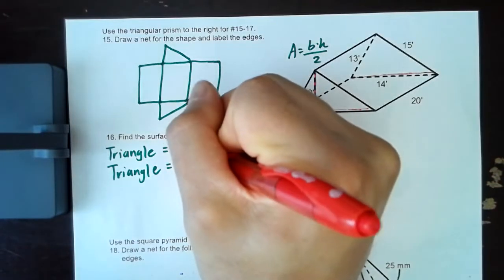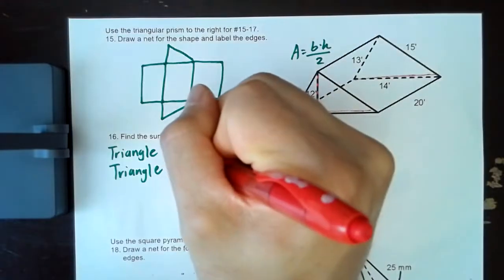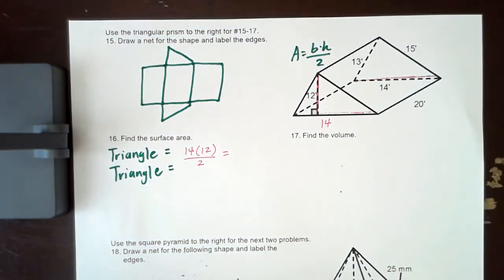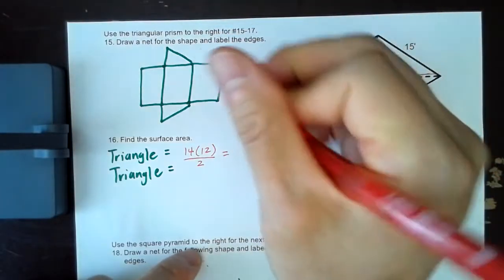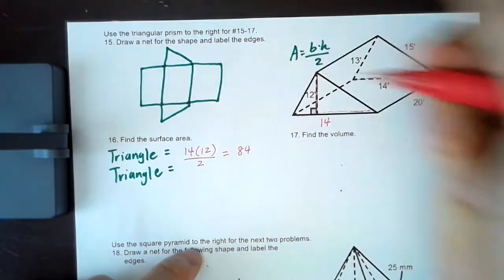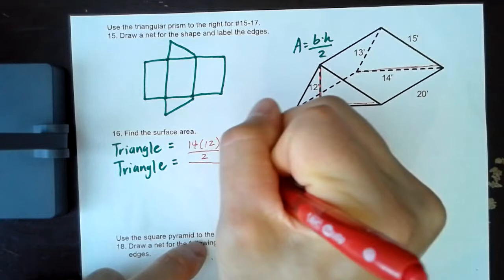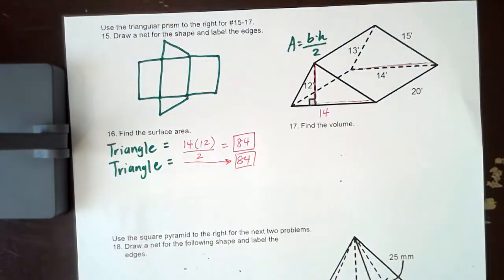So I know that it's 14 times 12, which is base times height, divided by 2. 14 times 12 divided by 2 is, I believe that's 84. Right? So now that I have 84, I know that this is also 84, and I've successfully calculated 2 of the faces. And you're like, oh, that's not too bad, right?